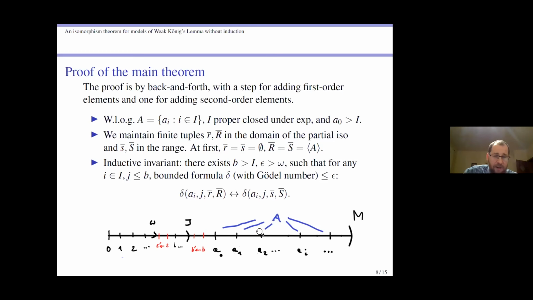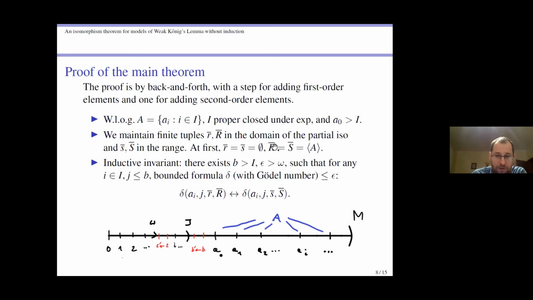At each step in the argument, we're going to have finite tuples, little r and big R in the domain, first order and second order elements of the partial isomorphism that we have, and little s and big S in the range. At first, the little tuples, the first order tuples, are, let's say, empty, unless, of course, you want to fix some particular elements of the model, you may.